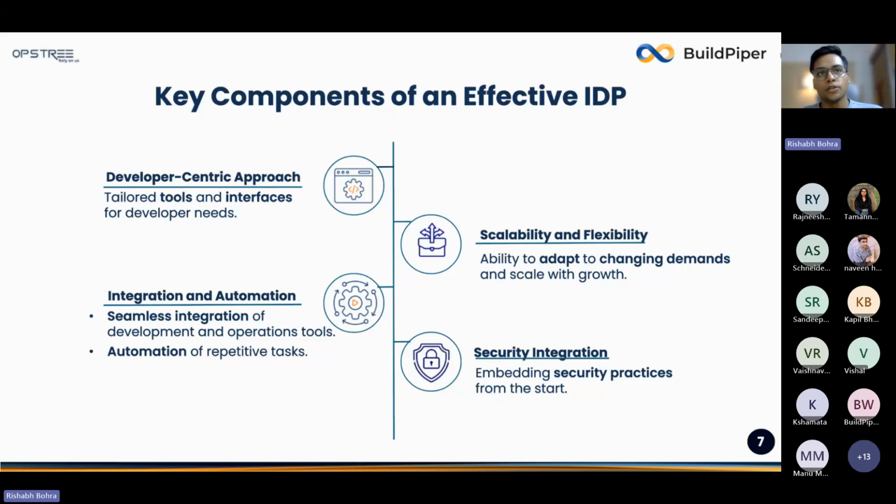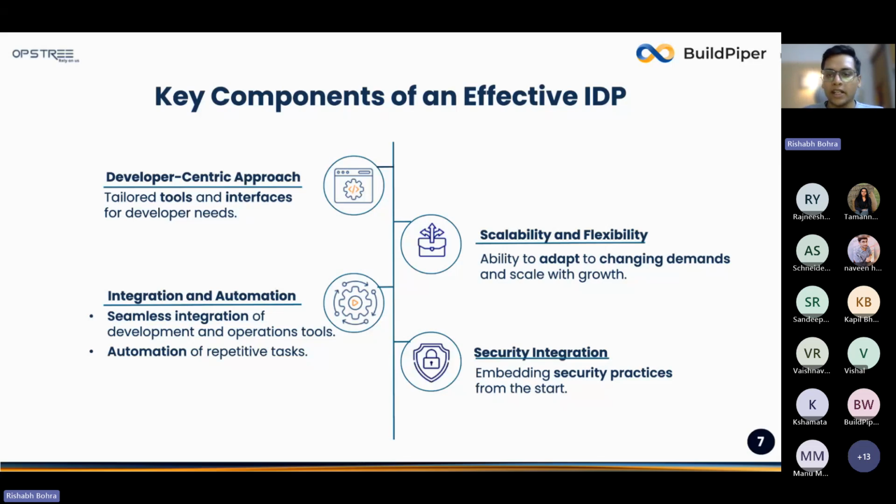There's also no cap on the number of users that can use it, or the number of pipelines that could run in parallel, etc. So scalability and flexibility is what is required, and it is a key component of an effective IDP.